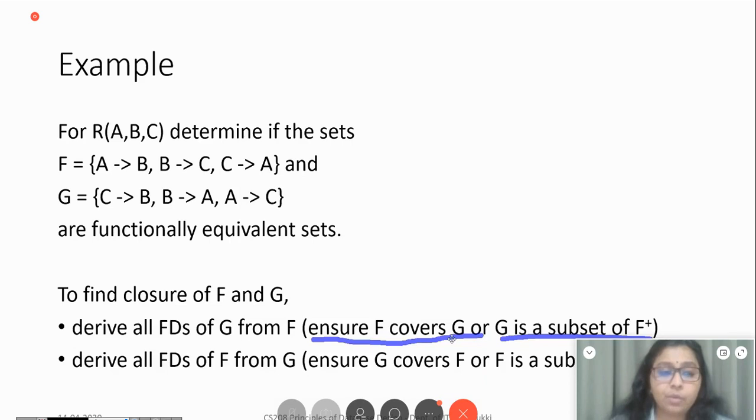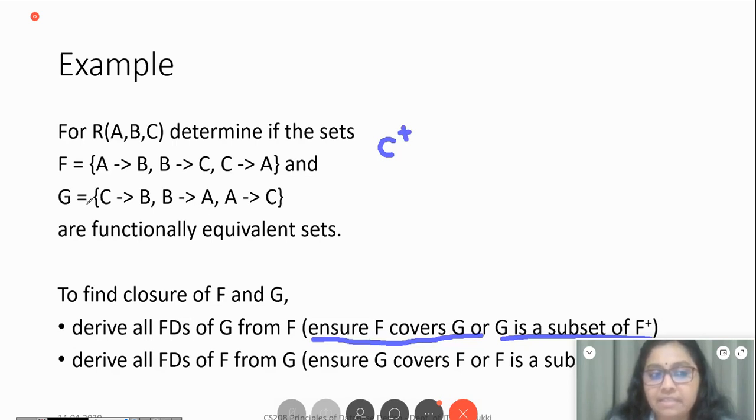For that, what do I need to do? I need to derive all FDs of G, but with respect to F. So this is equivalent to finding the closure of C. How many different FDs do I have in the FD set G?